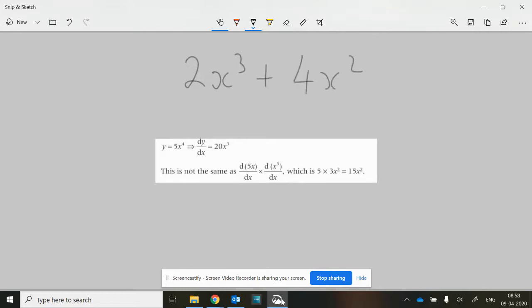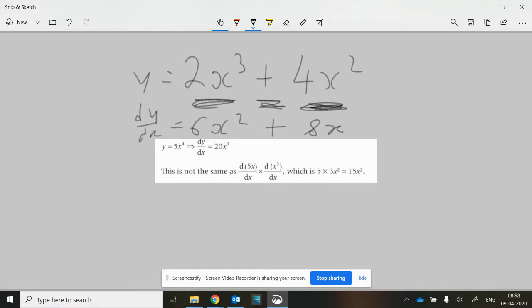If you have the addition of two functions, here's a function, here's a function, we definitely do differentiate one of these things. So this one becomes 6x squared, and the other one becomes 8x. So we definitely differentiate those two things and add them together to get our dy dx.